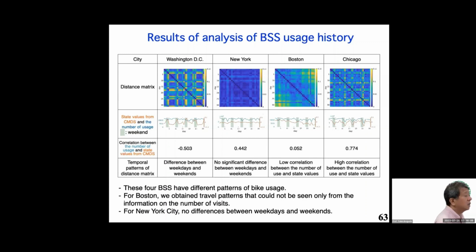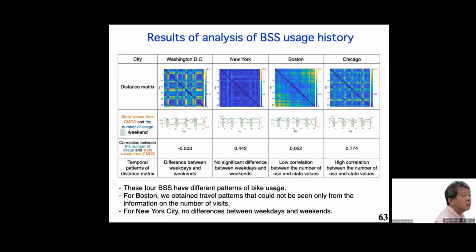Next, the third row plots the red time series obtained by applying CMDS to the distance matrix, and the blue time series of the number of system users per day. In these plots, weekends are marked with a light blue band.